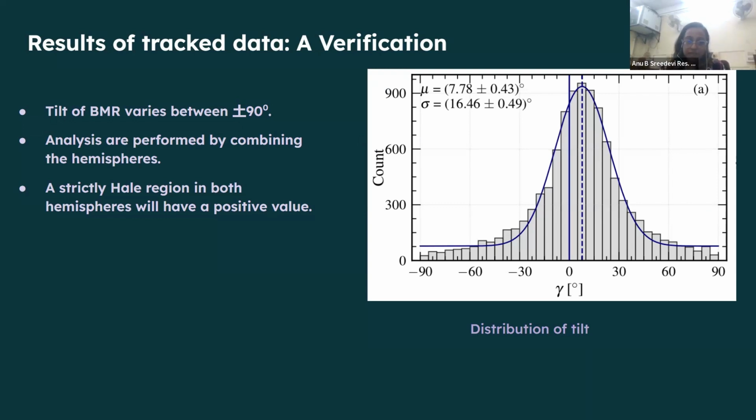That is the convention that we have followed, and we get the expected tilt distribution. The previous literature shows roughly a mean tilt of 8 degrees. We almost get that.